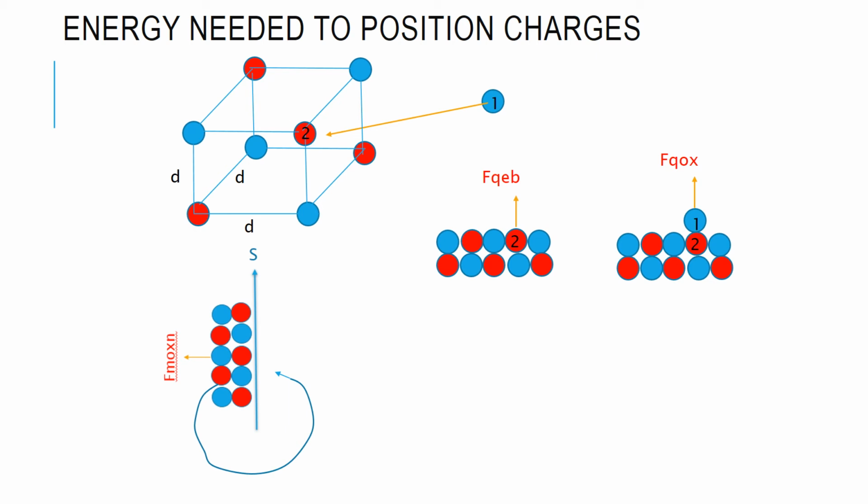Just for the clarity of definitions, I've drawn the embedded charge force and the surface charge force, and also, as you can see here below, I have the spin, rendered here with 2 layers, and the FMOXN is then the centrifugal force.